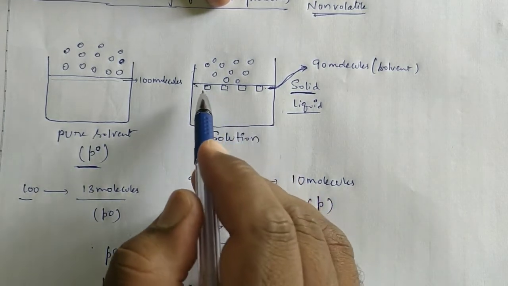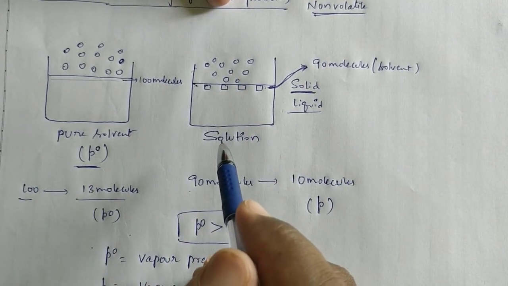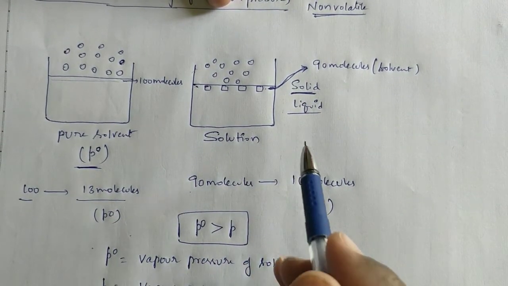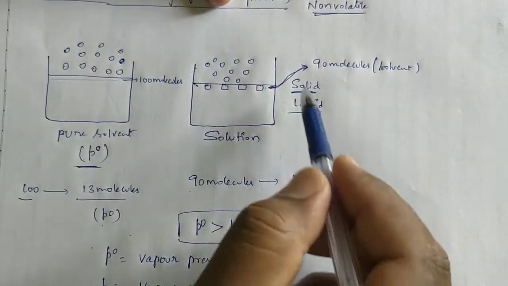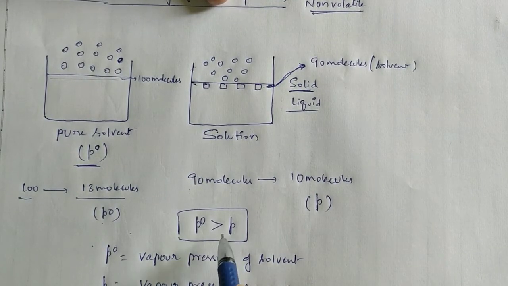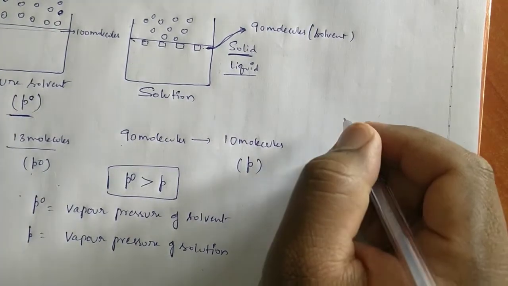Like that, when the concentration of solute is increased, the pressure of the solution decreases. I will tell that once again after completing this. Before that, the pure solvent has this much pressure and the solution has pressure P. Then every time P0 is greater than P.